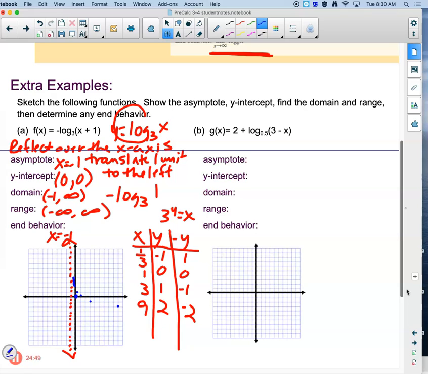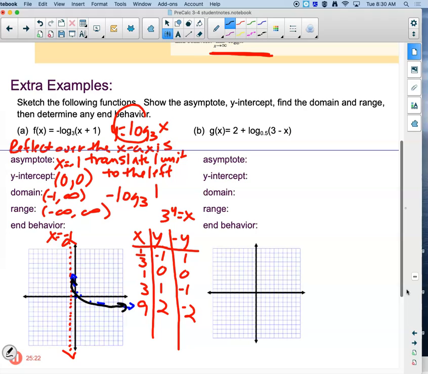So here is the parent function. But remember, we have to translate this, and we have to translate it 1 unit to the left. So that's where that 0, 0 comes into play, because we're going to move this all 1 unit to the left. And again, approaching that asymptote, but not crossing it. So let's see if we did everything they asked.